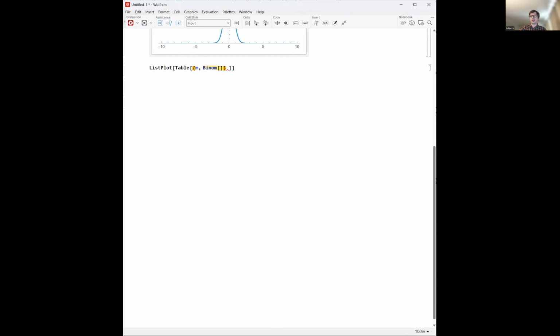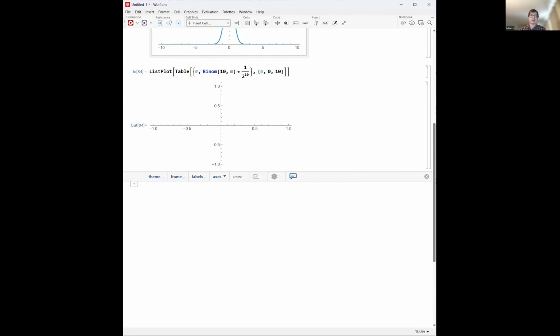Let's say we're doing 10 steps. Out of those 10 steps, we're choosing m of them to be steps to the right. And then this is 1 over 2 to the 10. That's just that probability. And m, the number of steps to the right, ranges from 0 all the way to 10, because we can either have 0 steps to the right and they're all to the left, or we have 10 steps to the right. I think this should work.